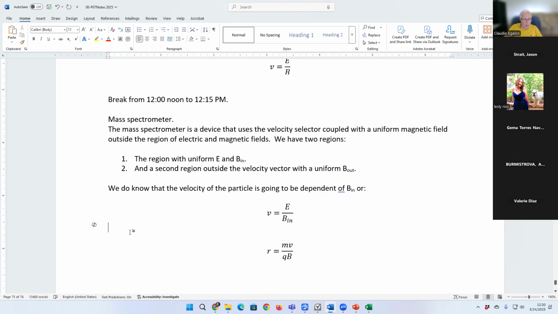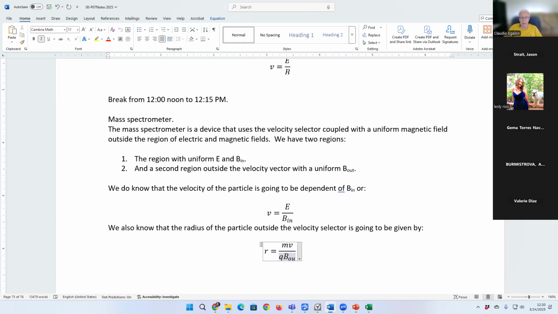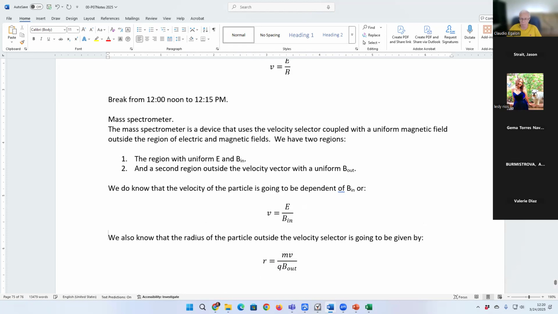We also know that the radius of the particle outside the velocity selector is going to be given by, see, I'm putting B out here to distinguish from the magnetic field inside the velocity selector, right?